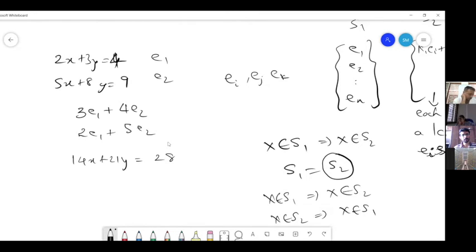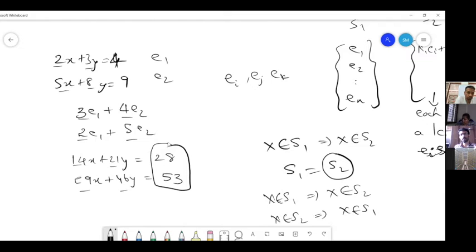And second one, 2E1 plus 5E2, is 29x plus 46y is equal to 53. Okay. So for now, let us just forget these two. Just focus on 14, 21, 29, 46. And 3, 4, 2, 5. And this 2, 3, 5, 8.